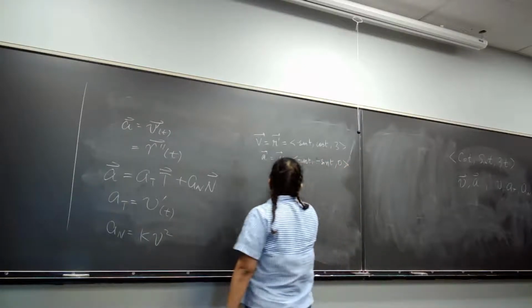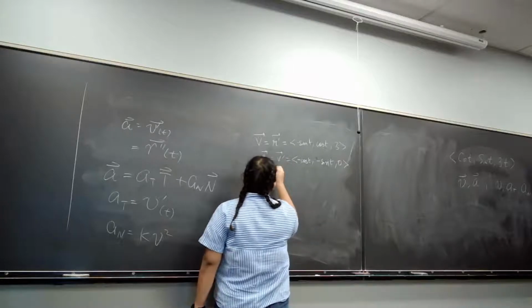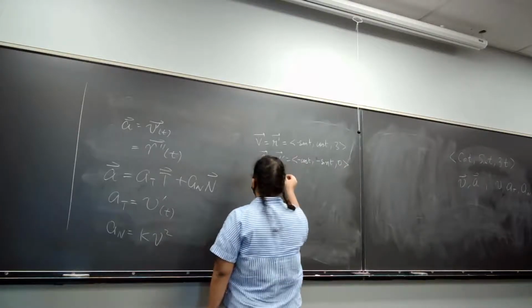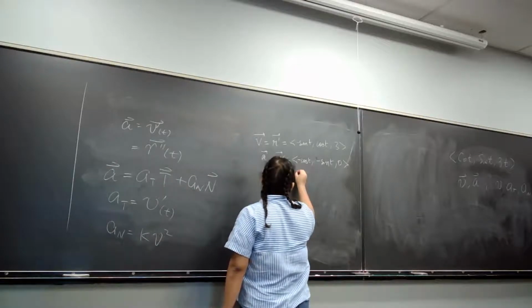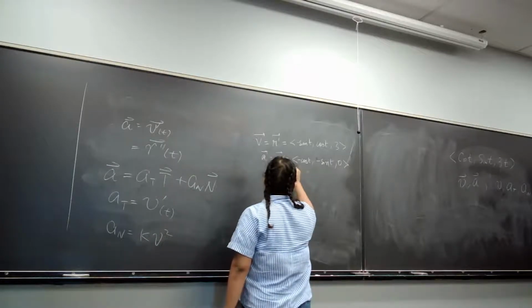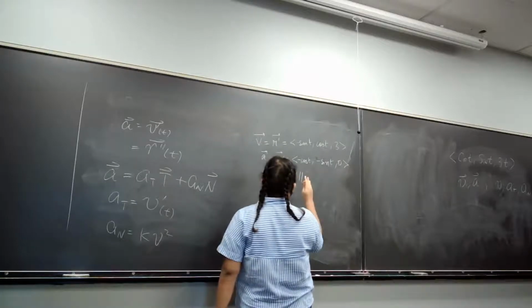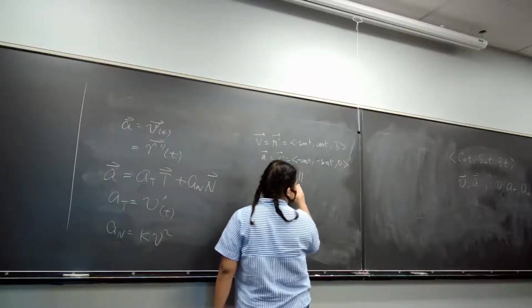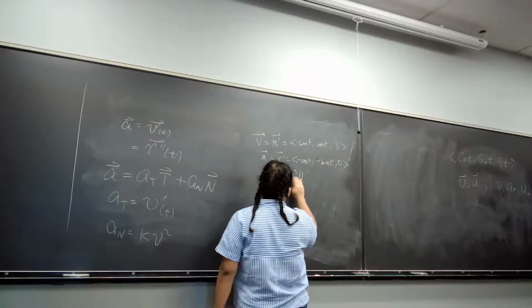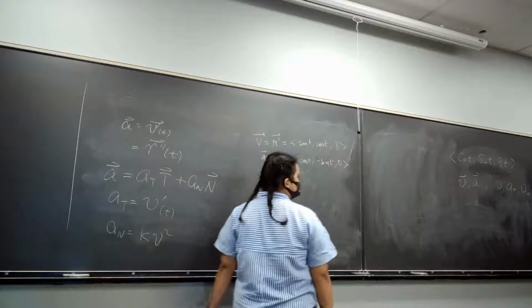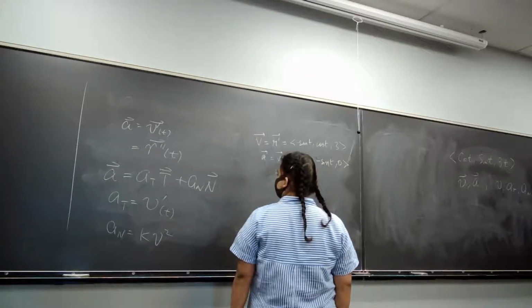Very good. No, it's the v norm, then prime. You need to find out v first. If you do it this way, then it just means the magnitude of a.